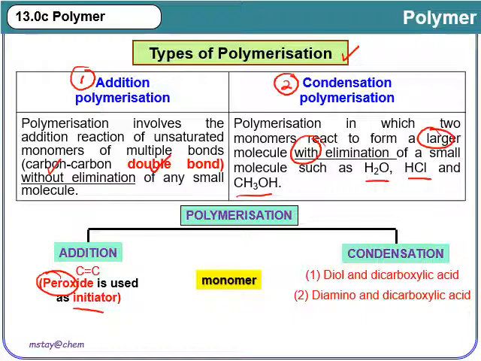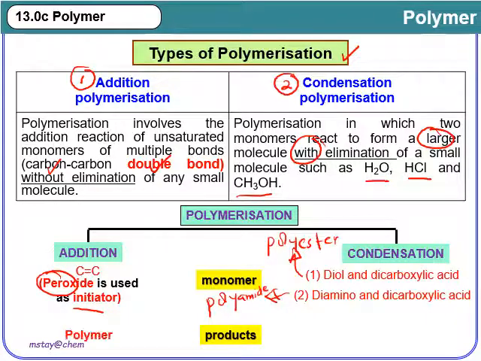As we know, alcohol and carboxylic acid react to form ester, so the polymer produced under this process is known as polyester. Another type is diamine with dicarboxylic acid, which will form amide, so we have polyamide.